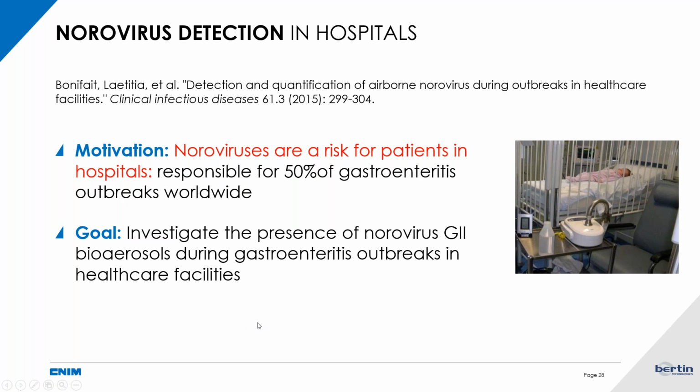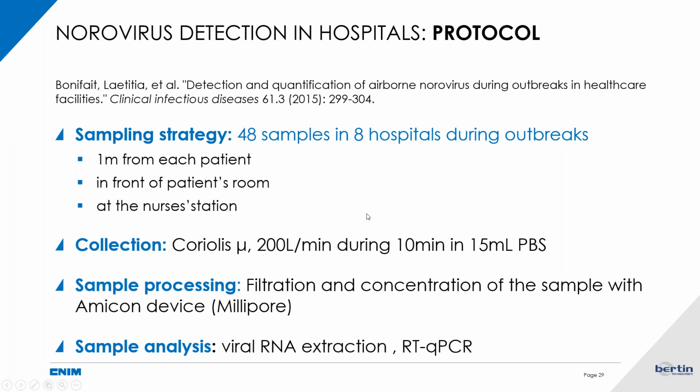So the goal was to look for the presence of norovirus G2 in aerosol during gastroenteritis outbreaks in healthcare facilities. For the sampling strategy, they positioned the device, the Coriolis Micro, 1 meter away from each patient, in front of the patient's room, and at the nurse station.